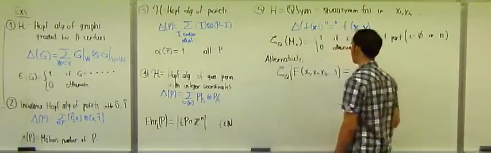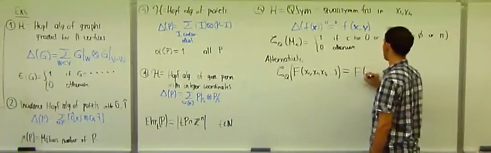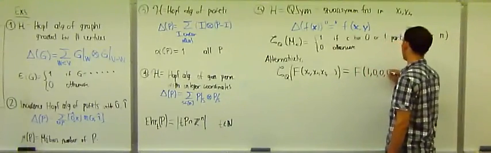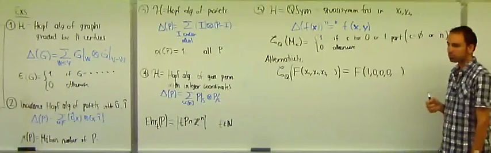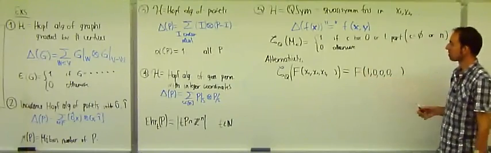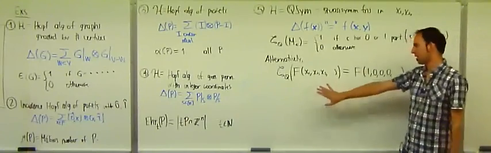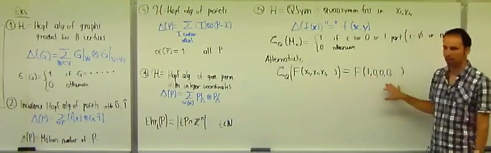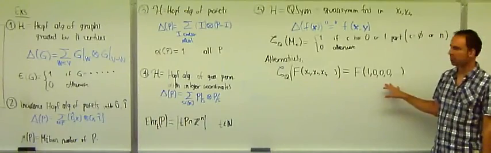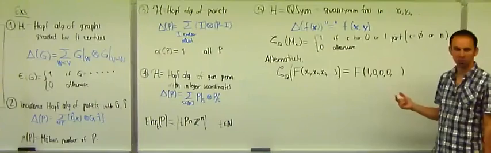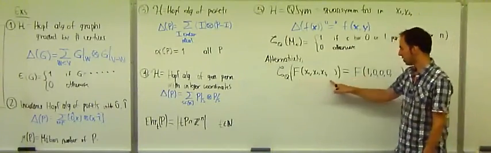What I claim is that all this character does is plug in 1, 0, 0, 0, etc. So let's think about why this is the same thing. Suppose that I need to prove that this is true for all f, and as usual, it's enough to prove it for a basis, right? And so it's enough to prove it for the basis of monomial quasi-symmetric functions. Okay, so what is this?